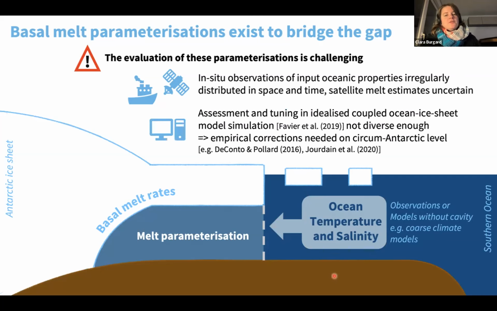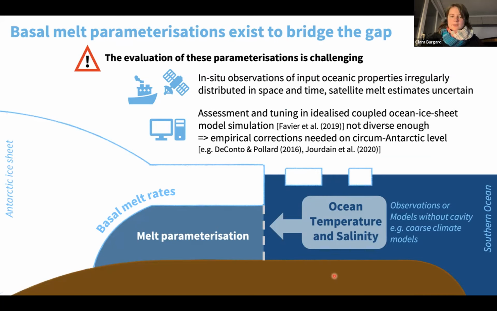Another solution is to use models. This was done, for example, in 2019. There was an assessment and tuning made in an idealized coupled ocean ice sheet model simulation. But this was an idealized geometry of one ice shelf. And then when applied on the circumantarctic level, it was shown that it was not diverse enough to only tune on one ice shelf because empirical corrections were needed.